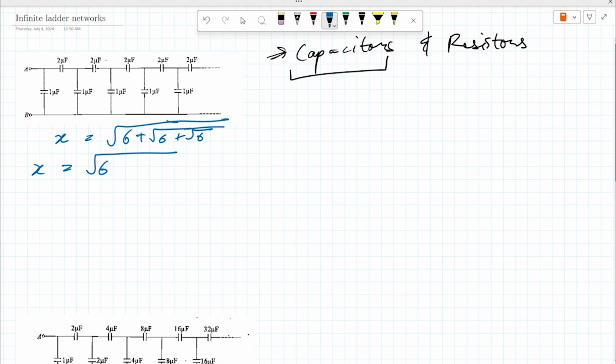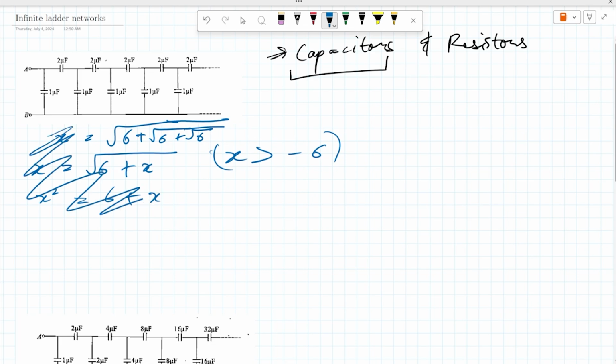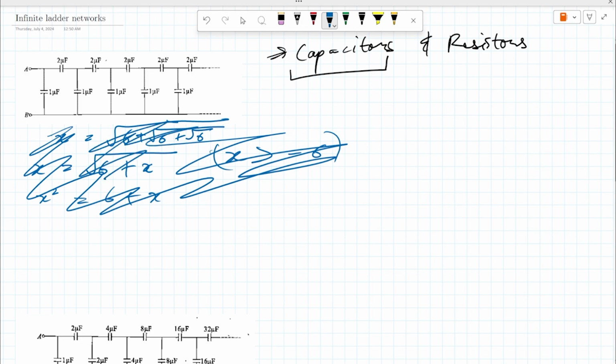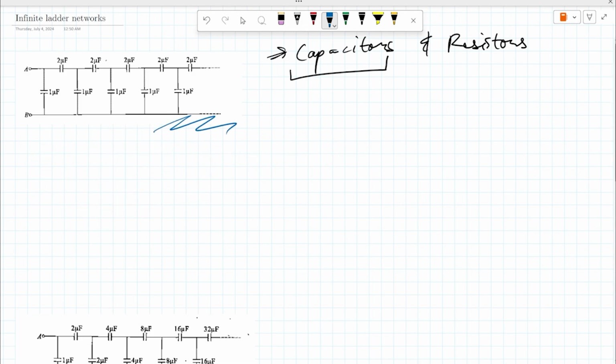We write it as 6 plus x. Then what we do next is we square both the terms while taking x as greater than -6. And then we get this expression and we solve it by using quadratic equations. So similar to that, we will be approaching it with the same methodology.